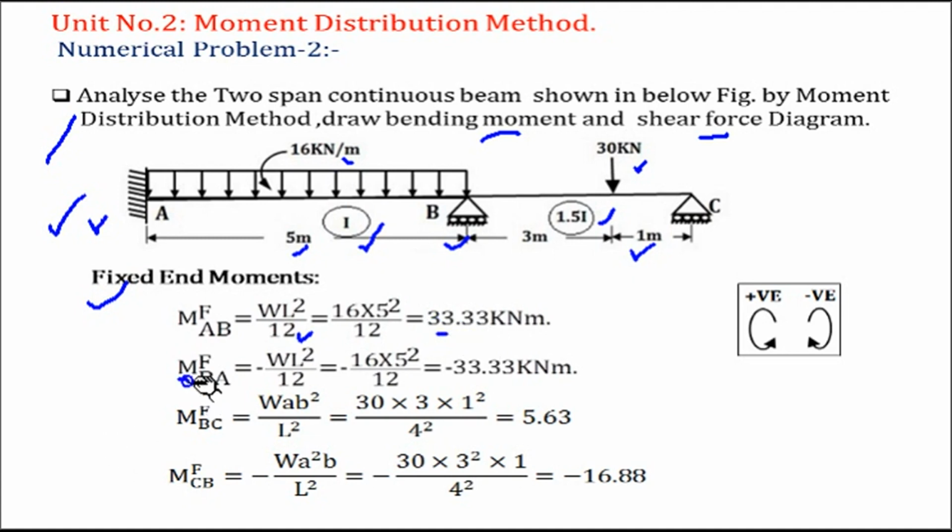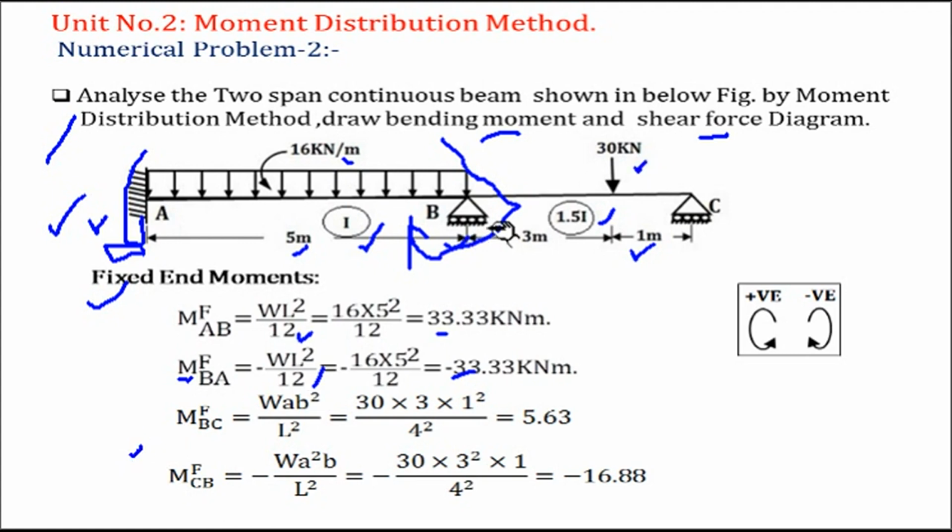Now fixed end moment BA is minus WL square by 12, so 16 into 5 square divided by 12 becomes minus 33.33 kN meter. So the fixed end moments at A and B are 33.33 kN meter and minus 33.33 kN meter respectively.